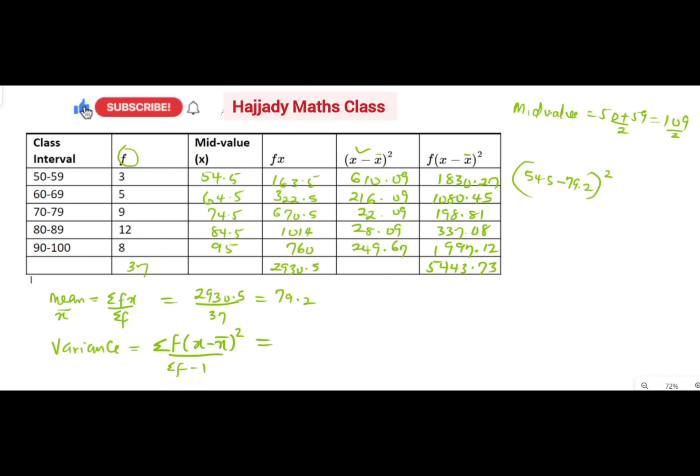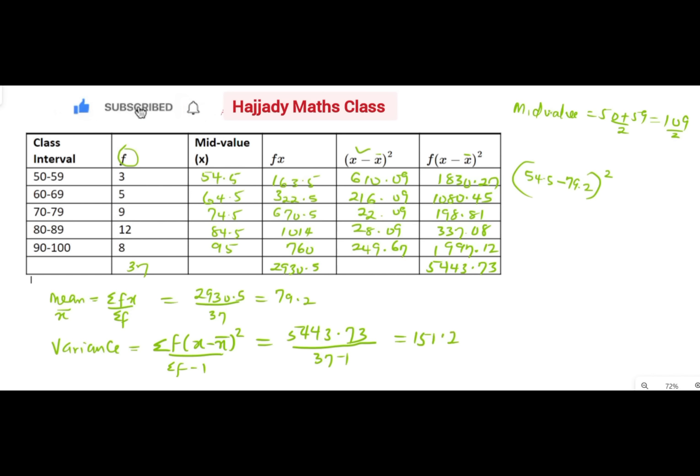So calculating my variance in this sense, it shows that the summation of f into bracket x minus x bar all squared gives me 5,443.73 all over summation f, which is the same thing as 37 minus 1. Okay, and with this I'm going to have over 36, right? So dividing this gives me 151.2.